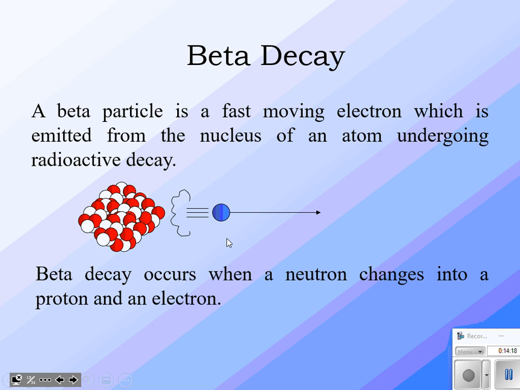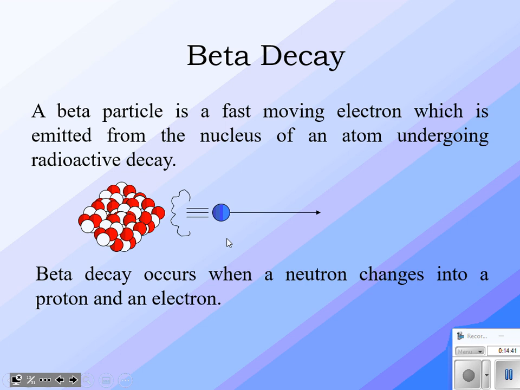Well, let's stop and think about that when we're talking about Z and A. Z is the number of protons, right? If I have a neutron changed into a proton, that Z is going to be going up 1.